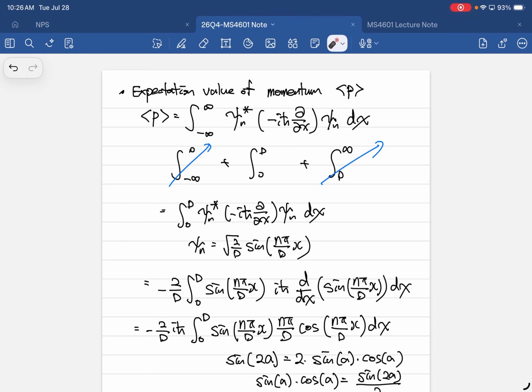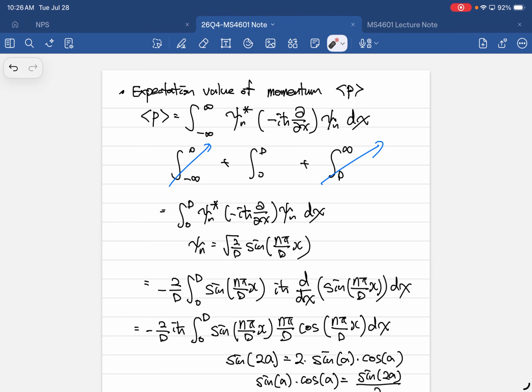As I noted before, the momentum operator is written as this one, minus i h bar ∂/∂x. This is the operator. With this, we are evaluating from negative infinity to infinity, for the whole domain of x.